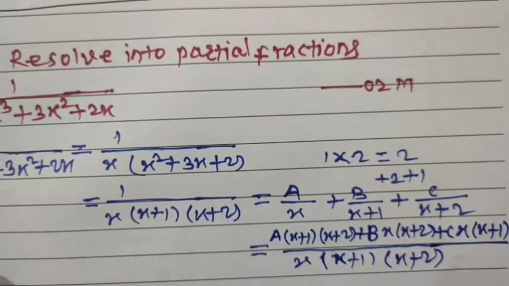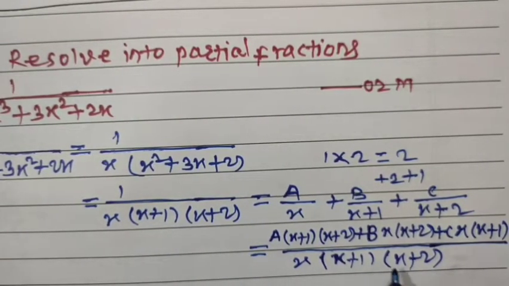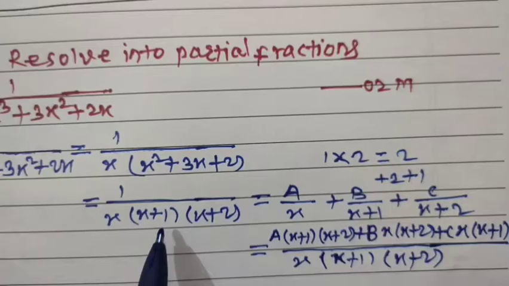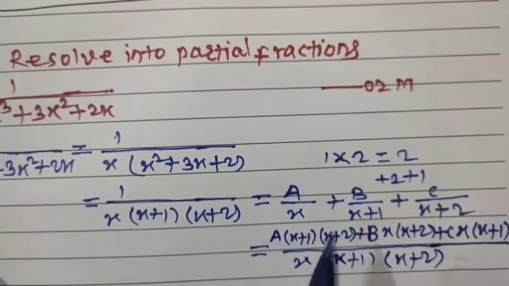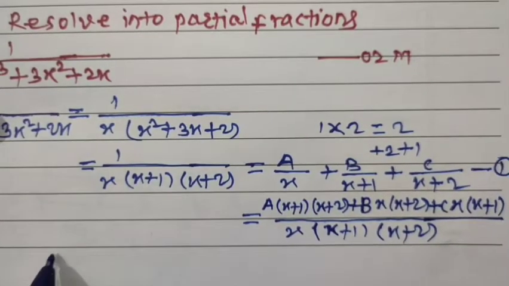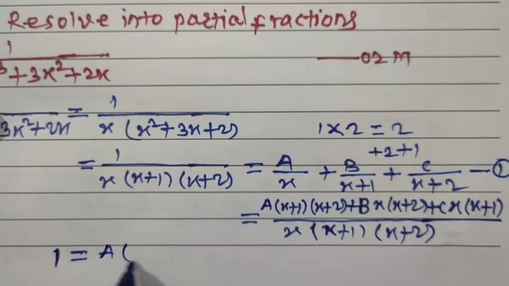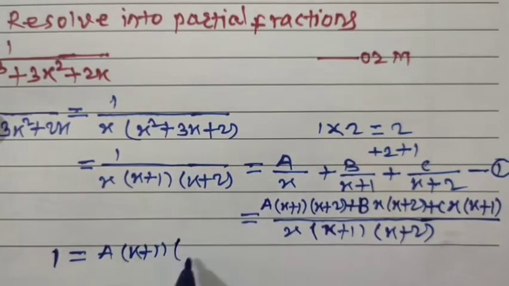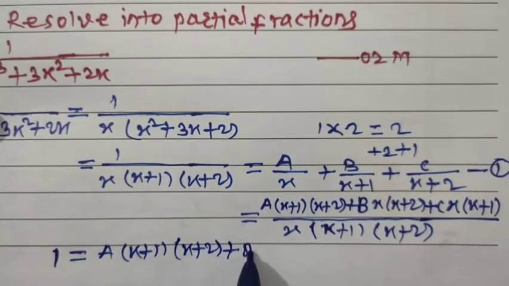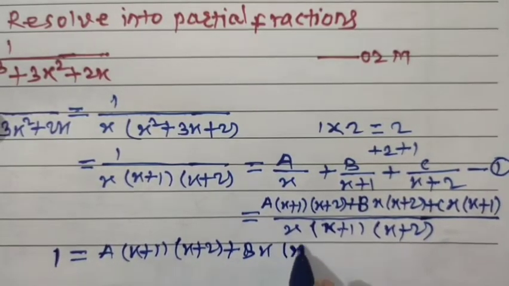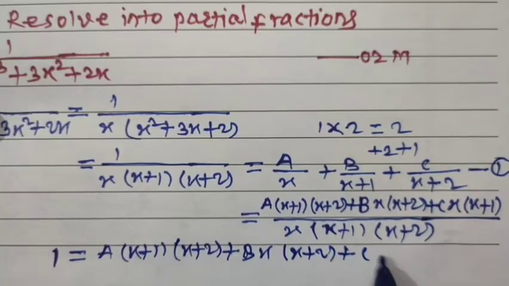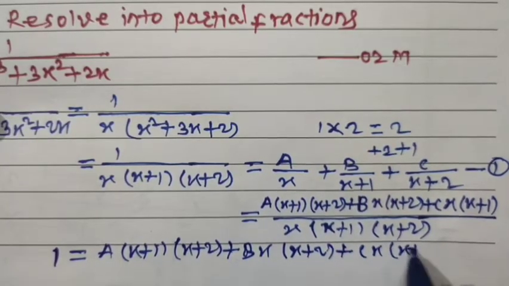Now here the denominators of the right hand side and left hand side are equal. Hence the numerators must be equal. So we can write 1 is equal to the numerator of the right hand side, a into x plus 1 into x plus 2 plus b into x plus 2 plus c into x plus 1.